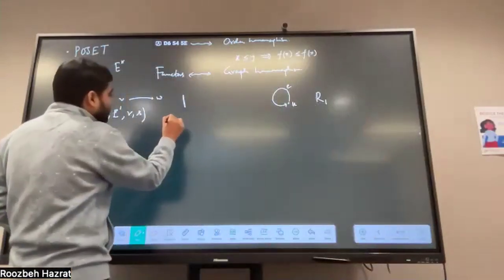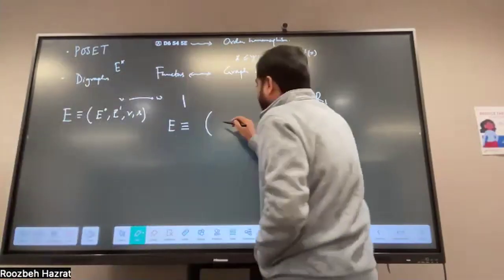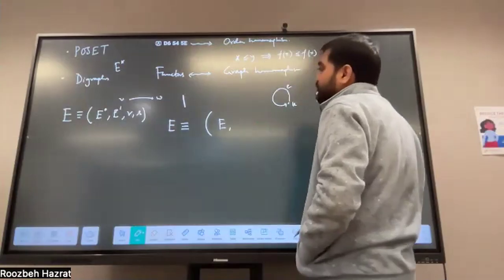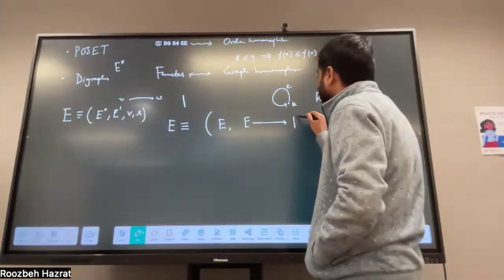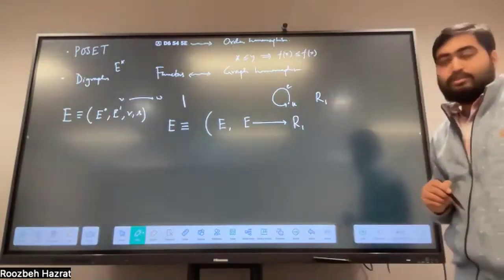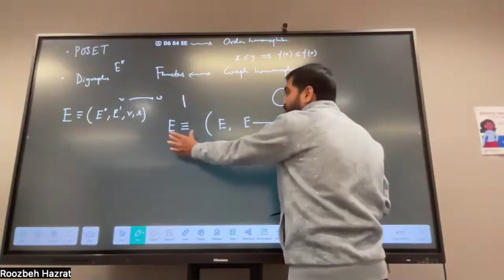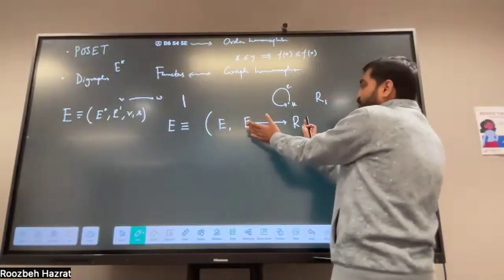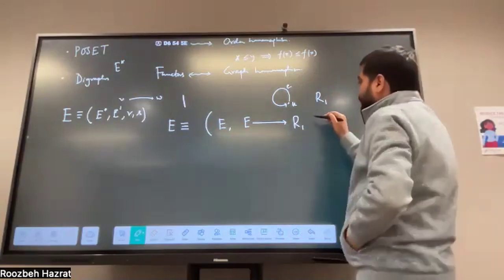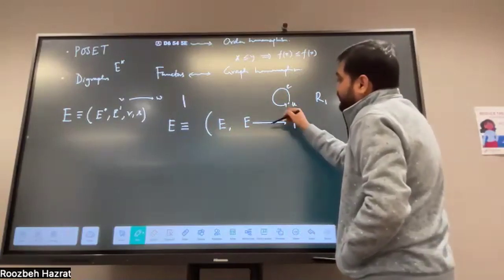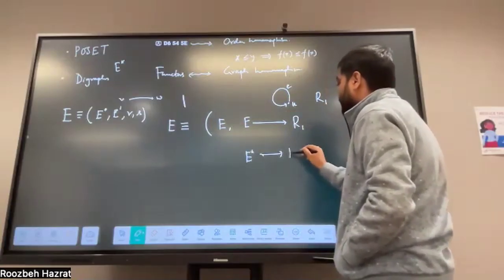So I can view this E as my graph E together with this unique graph homomorphism which I have from E to this rose with one petal, right? Now I'm changing my view in this way. I'm not just viewing this graph only. I'm also viewing this unique homomorphism from this graph E to this rose graph R1. And this is obviously a graph homomorphism, so it induces a functor between the categories E star and R1 star.